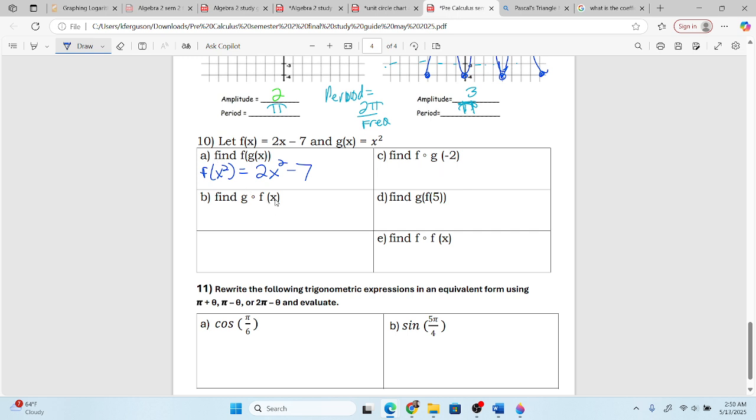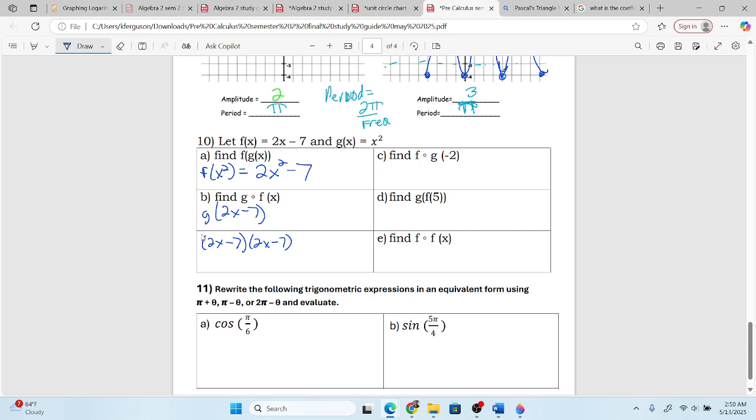So the innermost function is f of x. F of x is that one. So I'm going to have g of 2x minus 7. So wherever there's an x, I'm going to replace it. Well, this right here means I got to do FOIL. So I got 2x minus 7 times 2x minus 7.